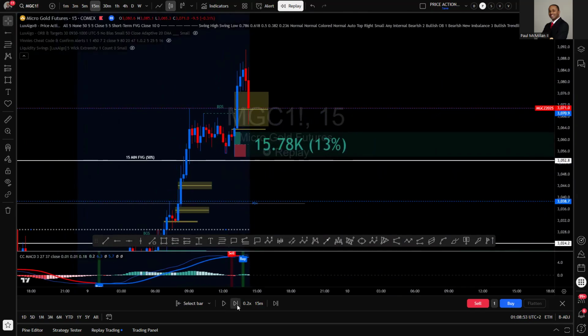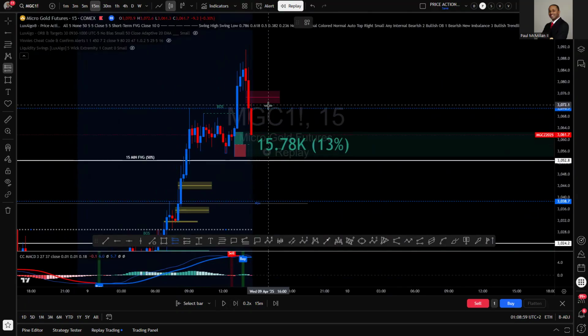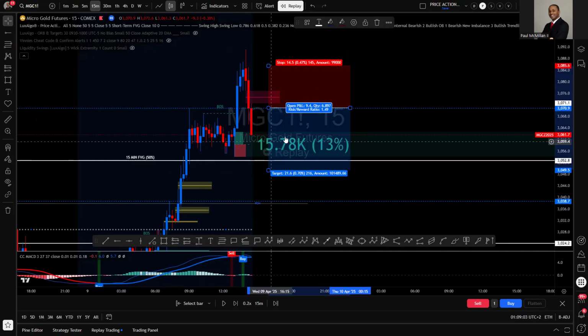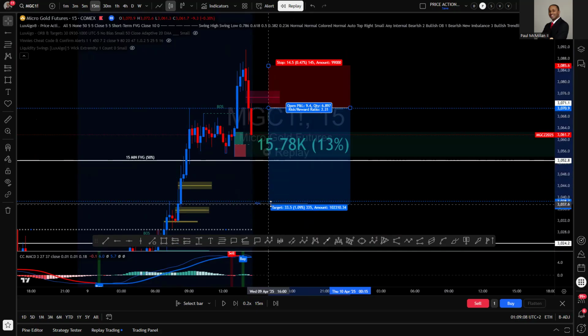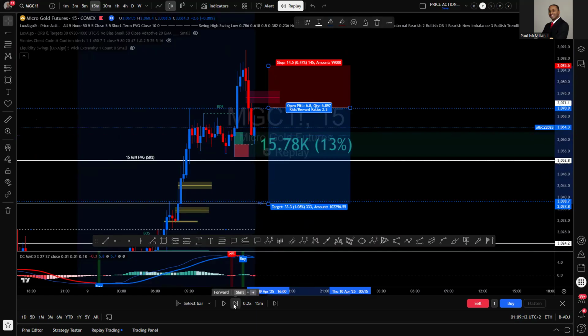Yeah, displacement. And so then this would have been our entry here with stop loss here, and if anything, maybe just a 50 here. But there's an order block here, so you have to keep that in mind.